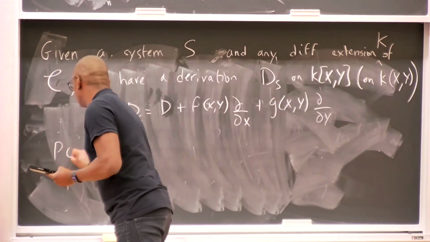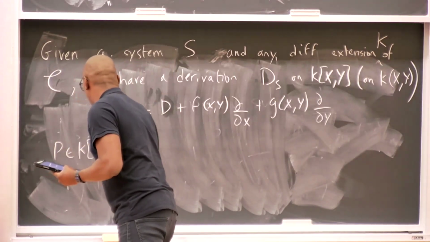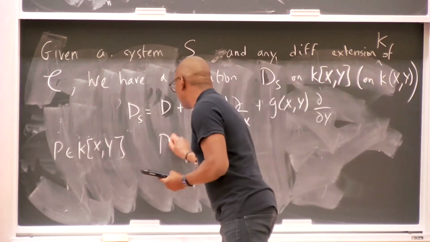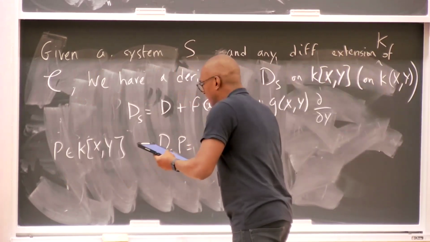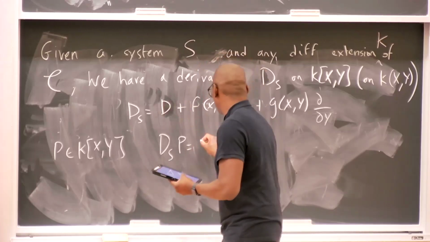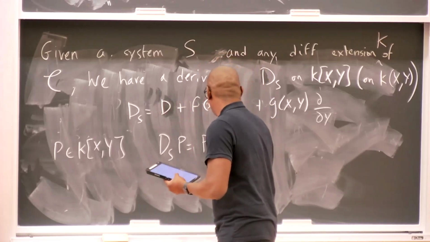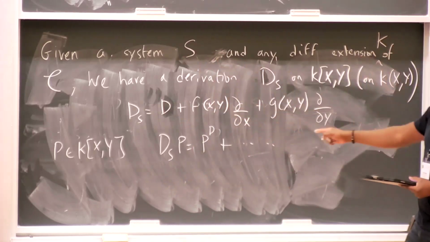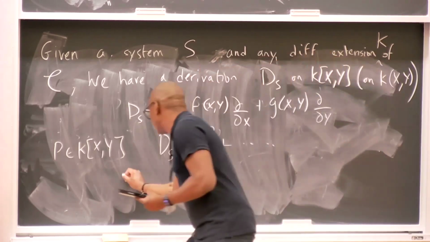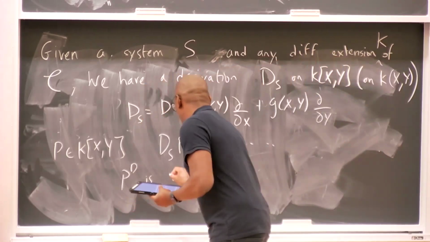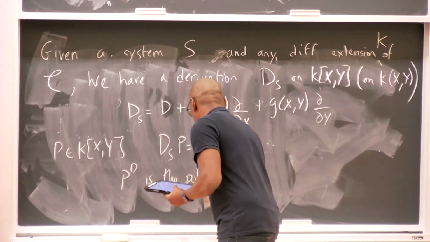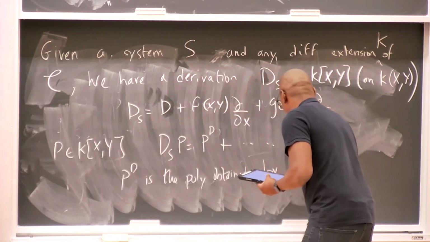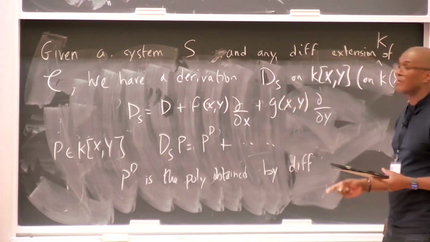If P is in K(x,y), remember this is an extension of our base field C, then D_S of P is simply going to be P^D plus the rest of it, applying the remaining terms. All I have to tell you is what P^D is, where P^D here is the polynomial obtained by differentiating the coefficients of P.